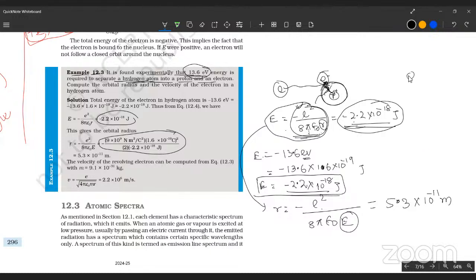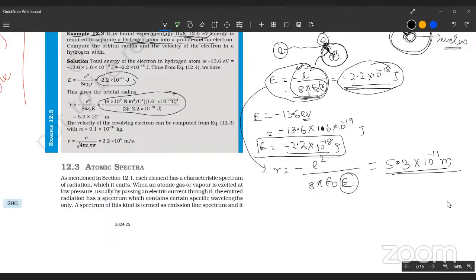That means if this is the nucleus of the hydrogen, having a proton, and the electron revolves around it, what is the radius distance? This is the radius. So we are getting the radius as 5.3 into 10 to the power minus 11 meter. Clear?